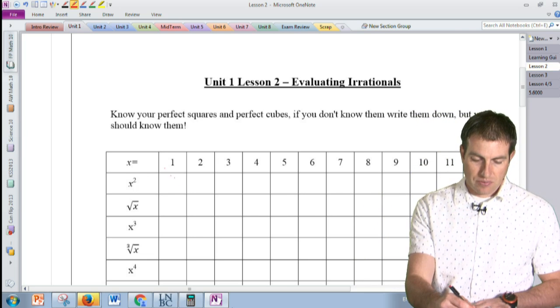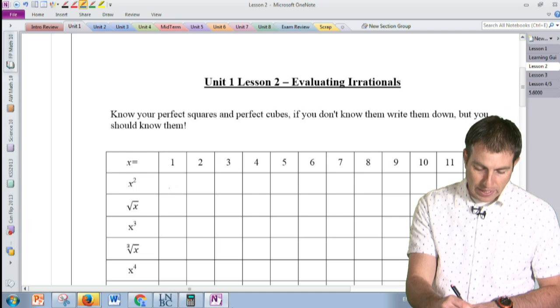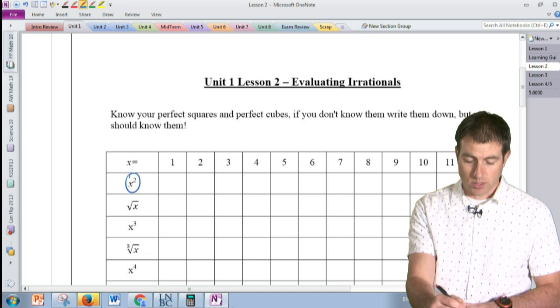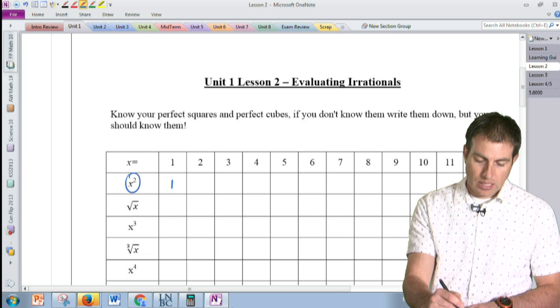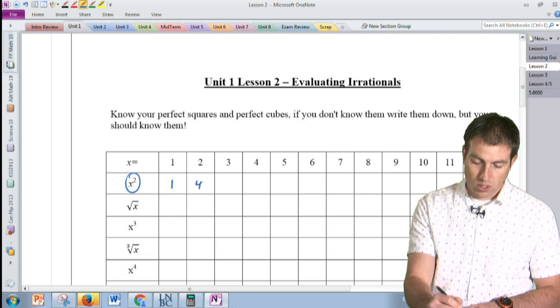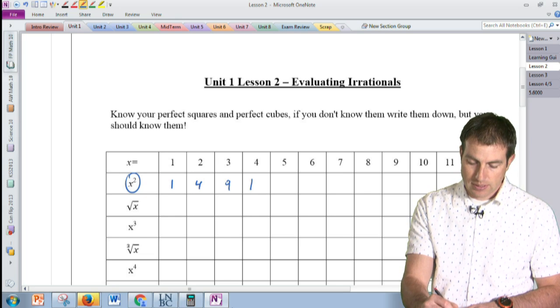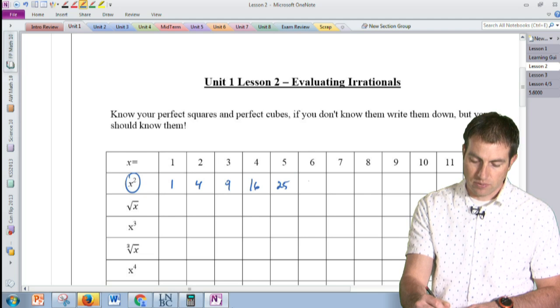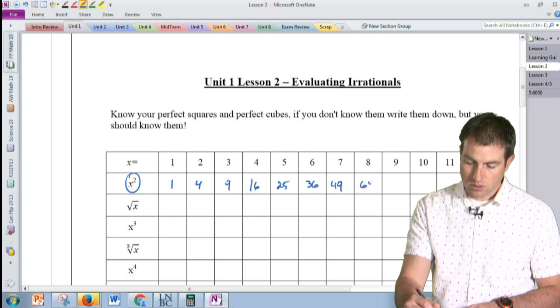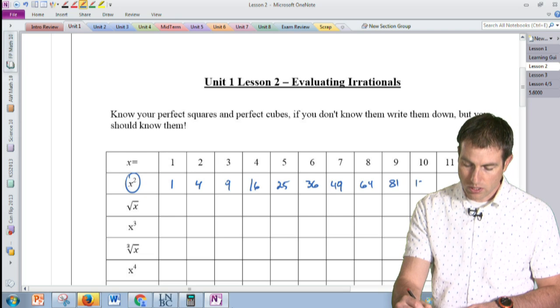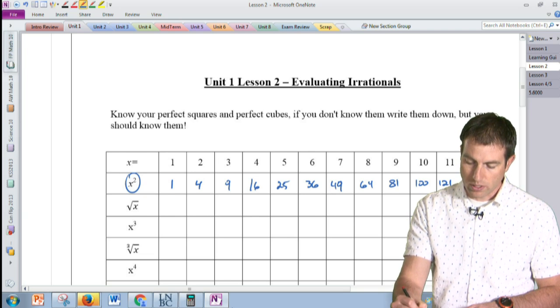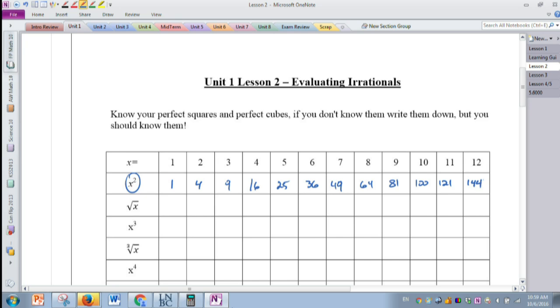If I had 1 times 1, or 1 squared, 1 times 1 is still 1. If I went 2 times 2, I'd have 4. 3 times 3 is 9. 16, 25, 36, 49, 64, 81, 100, 121, and 144. These are our perfect squares.